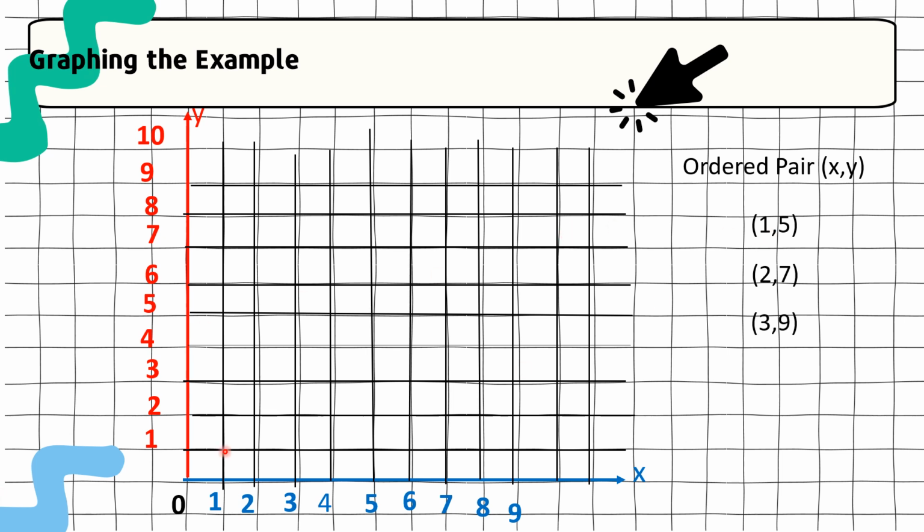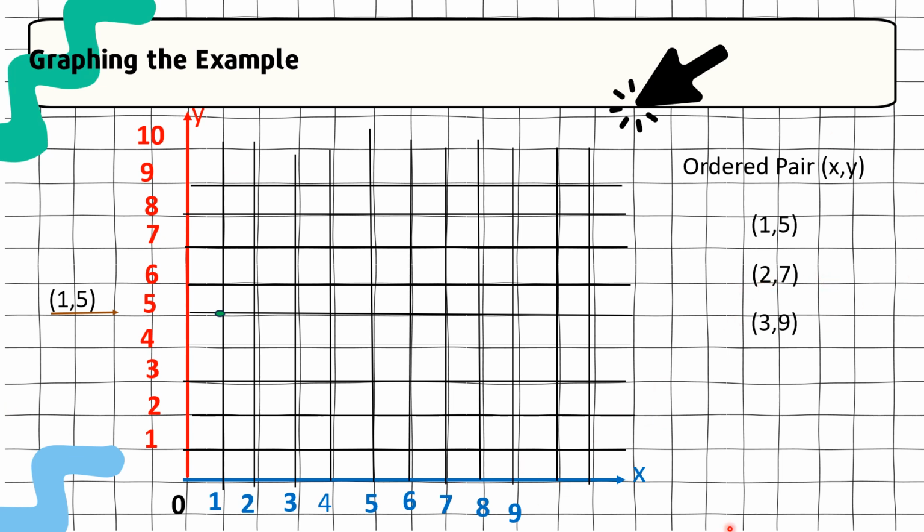First of all, 1 and 5. We go to 1 on the x-axis, then up until we reach the 5 on the y-axis, and here it is, the 5. This is the pair, and this is the point. The second point is 2 and 7.